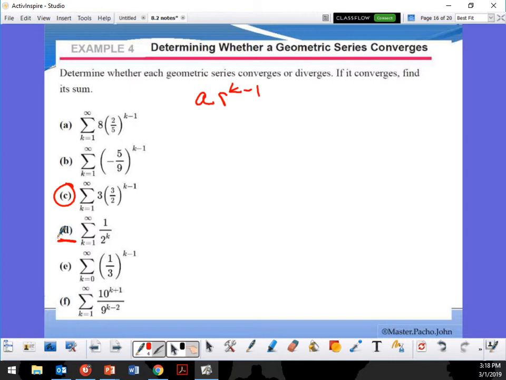Now, I'm going to rewrite the r value. Isn't that going to be parentheses 1 over 2 to the k? Is that true? Yeah? Okay, so that one's going to be okay. But now, is it to the k minus 1?